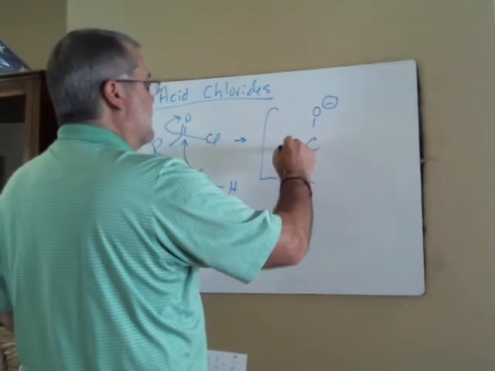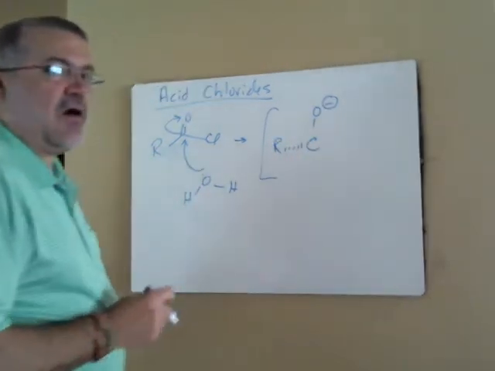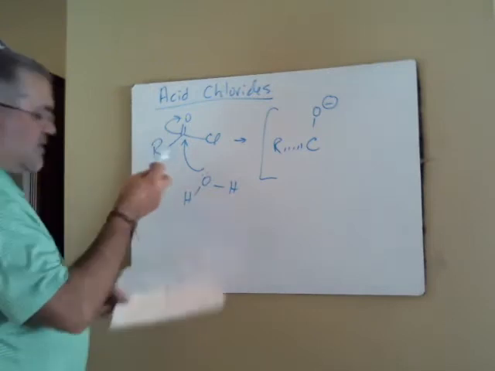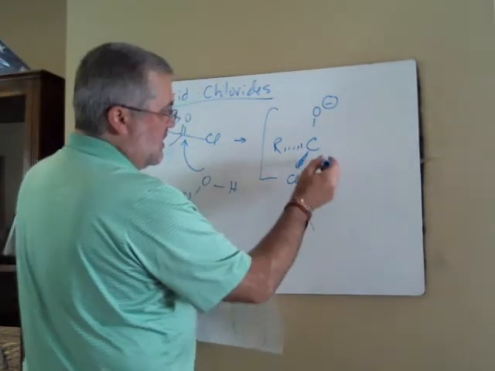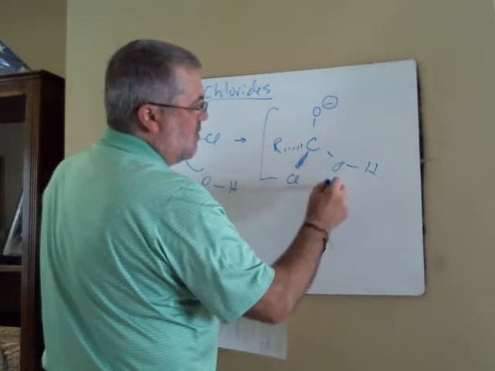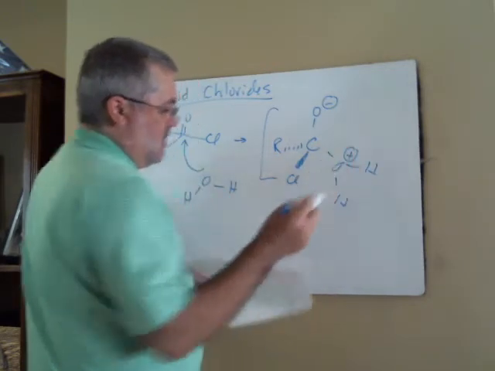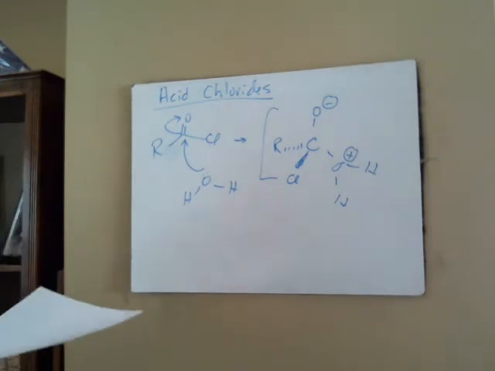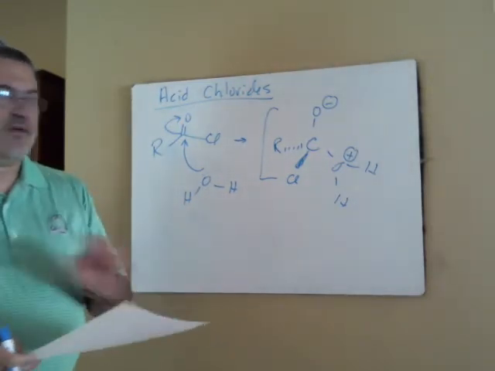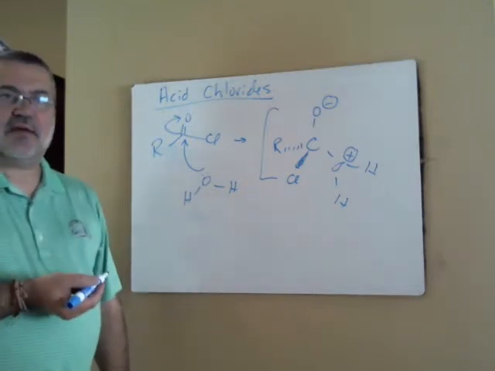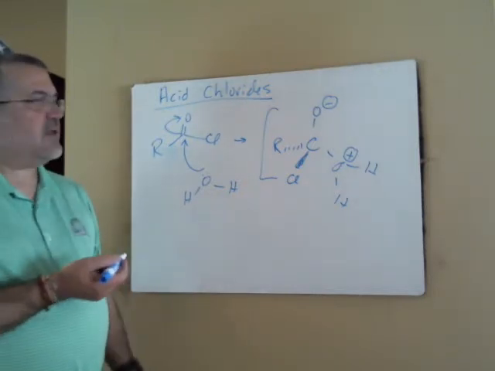Okay, so here is a bond to the R that's attached to the carbonyl, and that means I'm also going to have my Cl here, and then I've added my neutral water like this, and you're thinking, that looks similar, right, to every mechanism we've looked at for the past couple weeks.